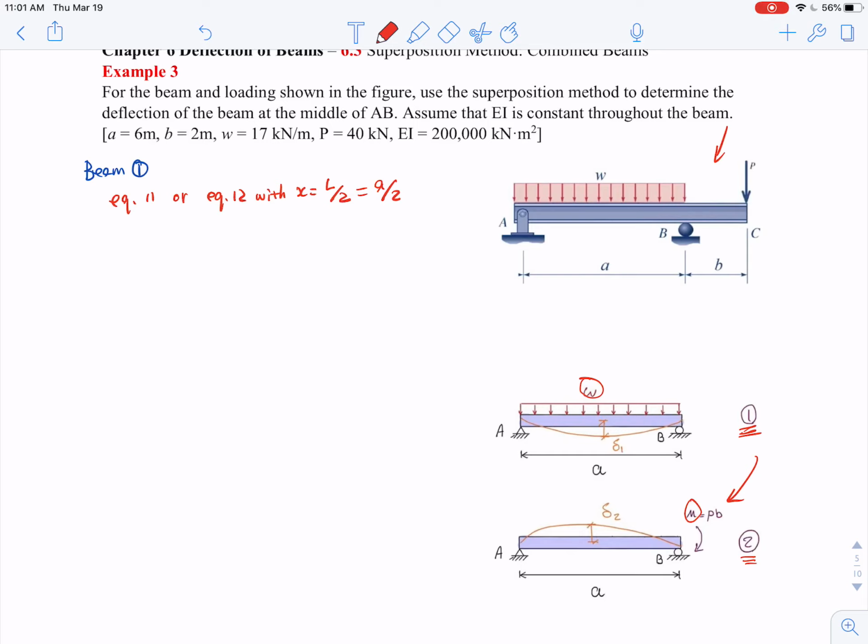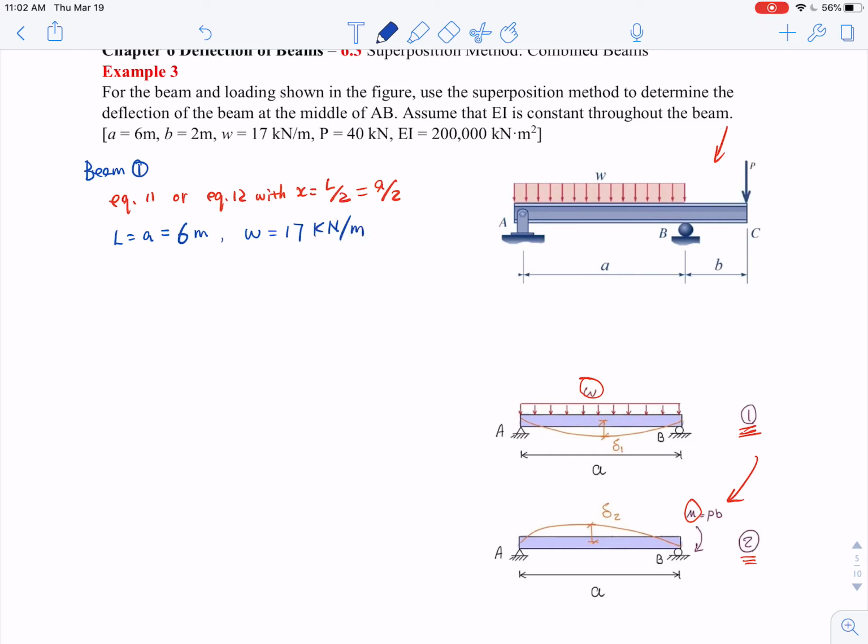L in this case equals A, that is 6 meter. And the W is here, 17 kilonewton per meter.